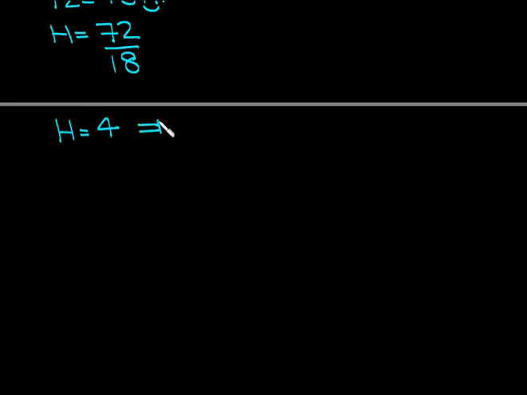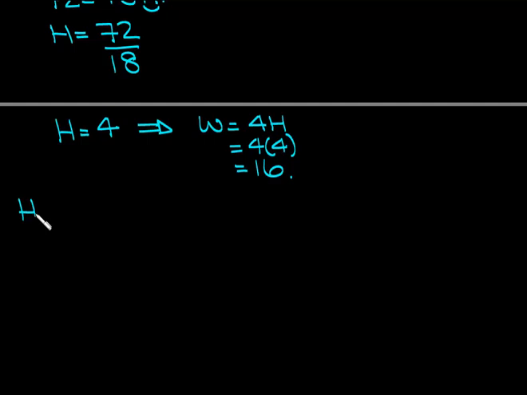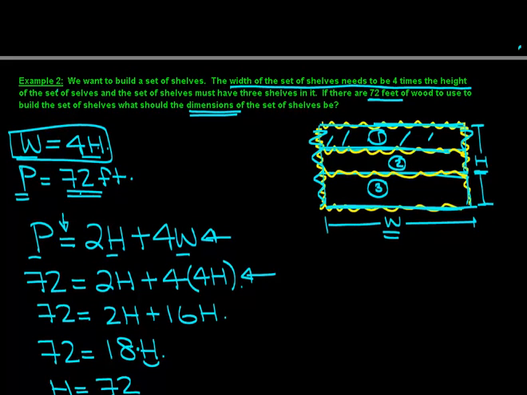So this would imply my width, which was given to be 4 times H, so it'll be 4 times 4, which would be 16. So now let's write an answer in a sentence. They've asked us for dimensions.